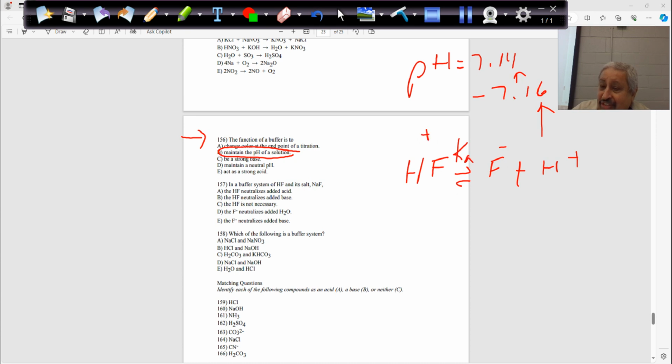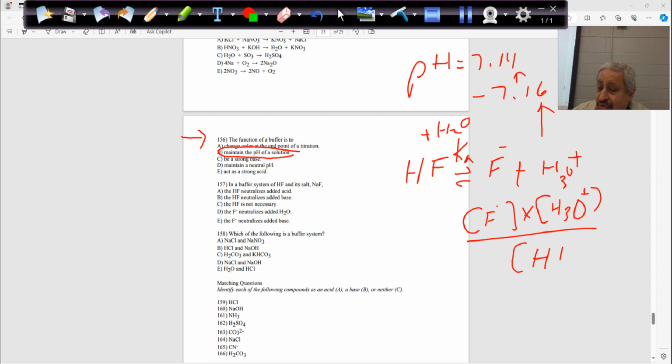Of course, there's H2O here, and this is H3O plus. So F minus multiplied by H3O plus over HF is the Ka, the acid constant. The H2O is not part of it. When you take the log of this, pKa will be minus log of all this stuff here.